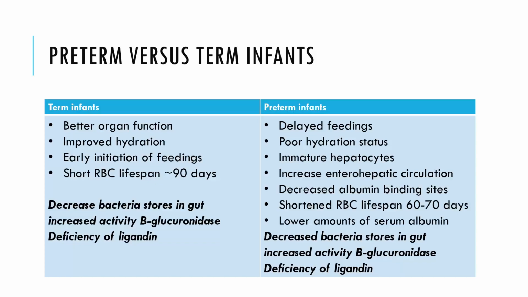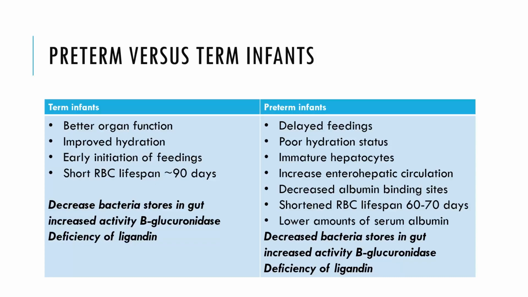You've got delayed feedings or NPO, so you have this sluggish gut, which means you have this conjugated water-soluble bilirubin sitting in the small intestine instead of moving through, and it's reabsorbed via that enzyme activity, and the intrahepatic circulation will just take that back up and unconjugate it. And then it has to go through the whole system again, get back to the liver. It's like a vicious cycle.